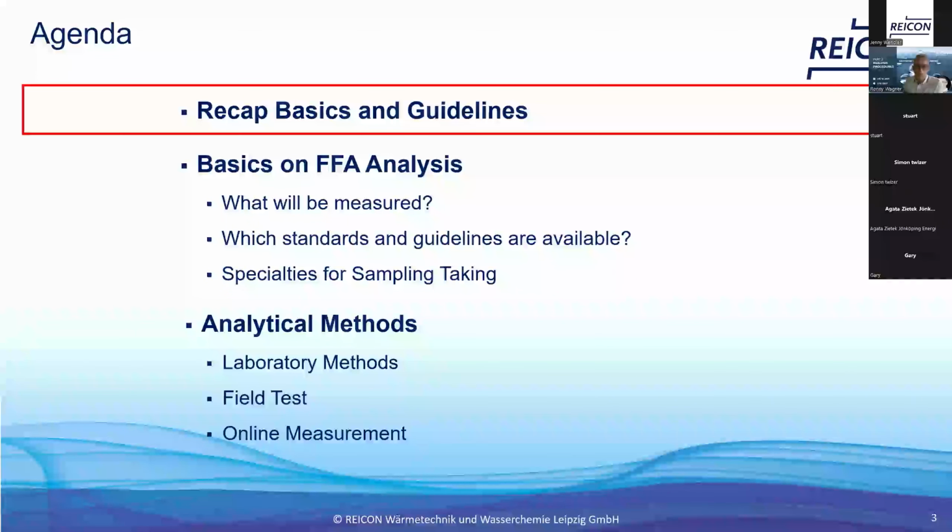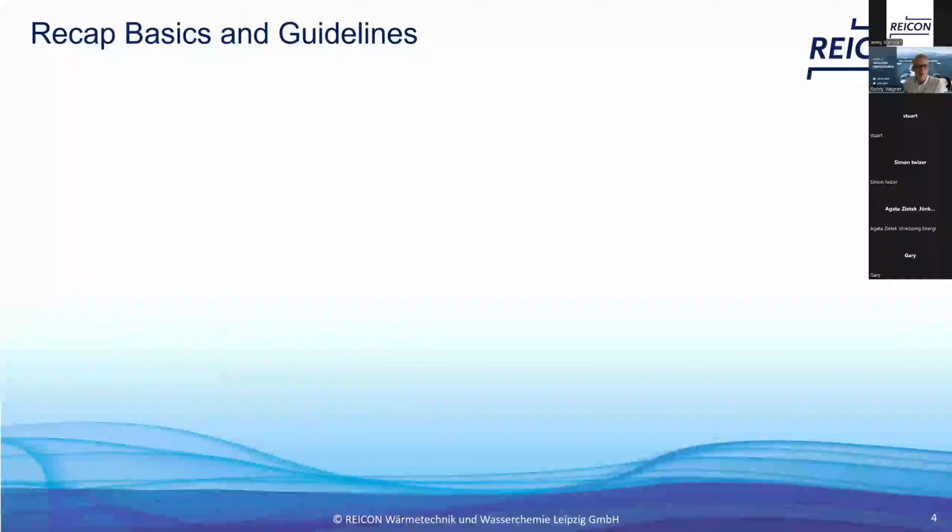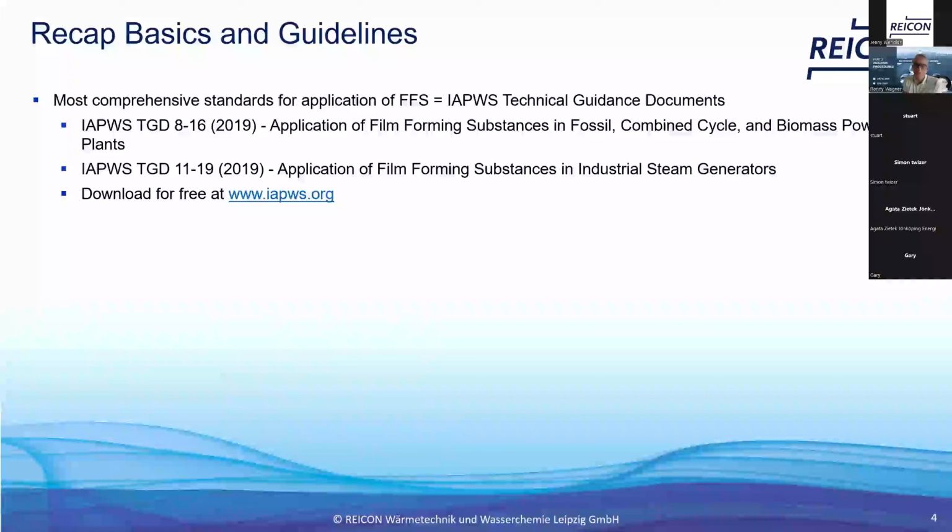So for everyone who missed the last webinar, or just as a small reminder, the last time we spoke a lot about the technical guidance documents from the IAPS, which are the most comprehensive standards for the application of film-forming substances. And there are two available.